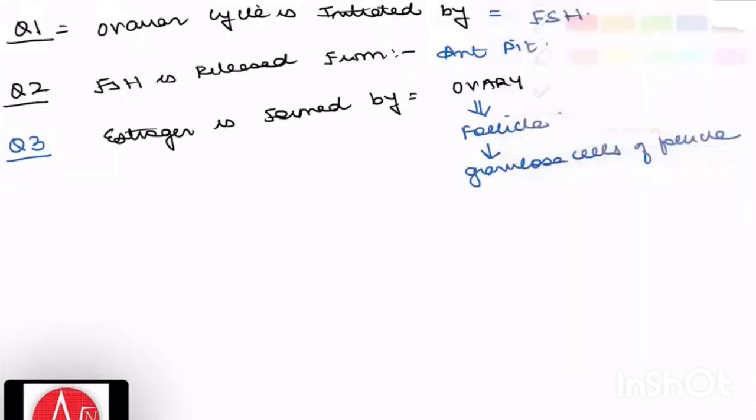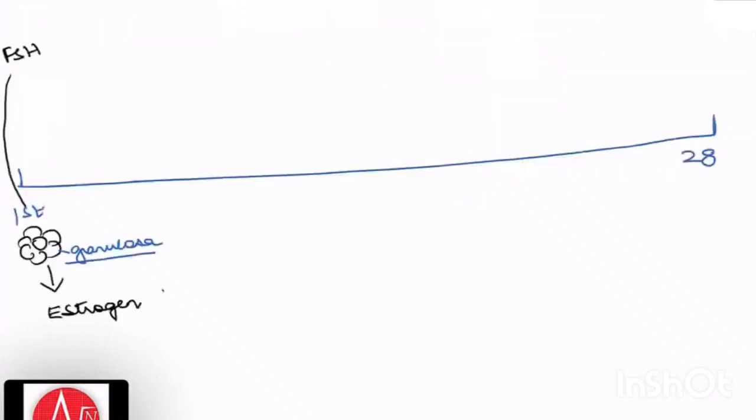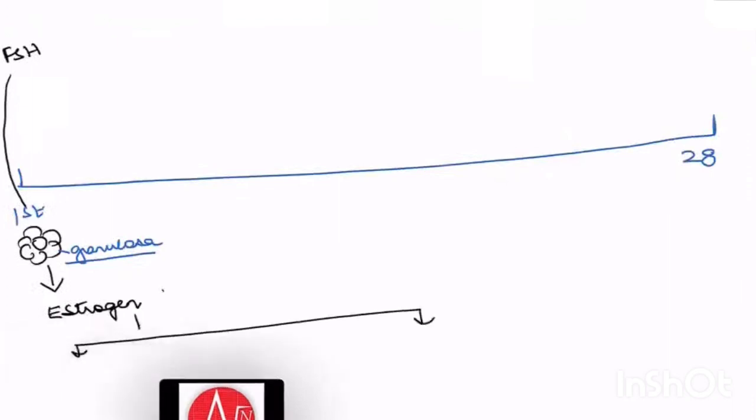So अगर क्वेश्चन में ये आंसर दिया है, दिस इज द बेस्ट आंसर, granulosa cells of the follicle. Second best answer is follicle, and third best answer is ovary. Right? Now, what is estrogen going to do? Estrogen is going to do three functions.